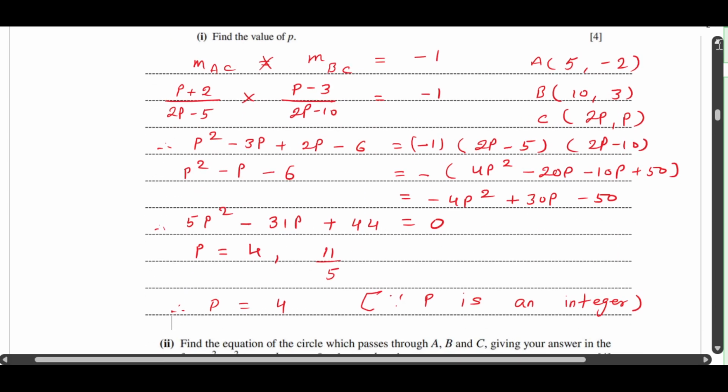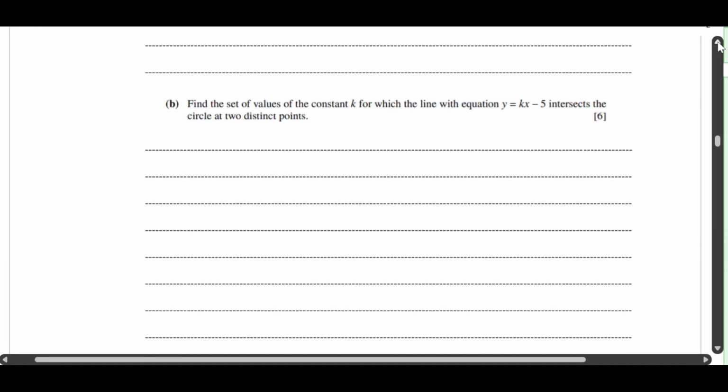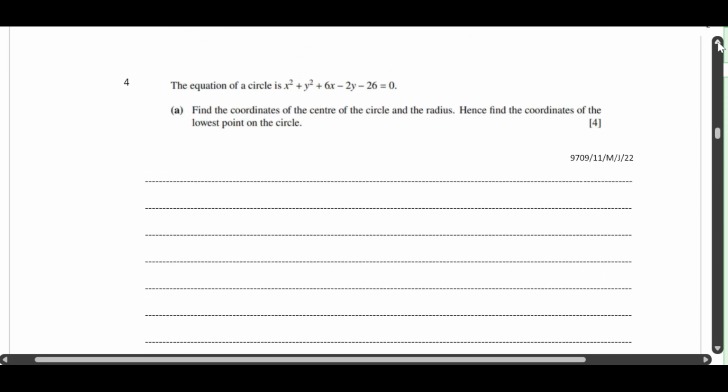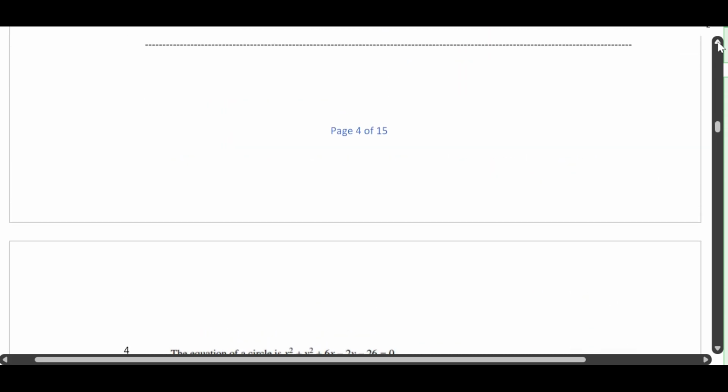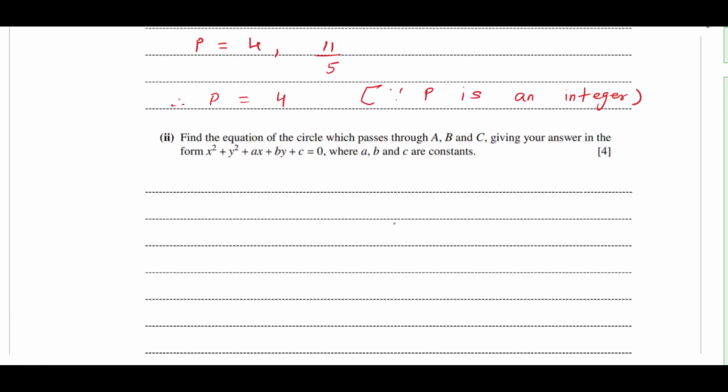Once again I will write the 3 points. A is 5 comma minus 2. B is 10 comma 3.